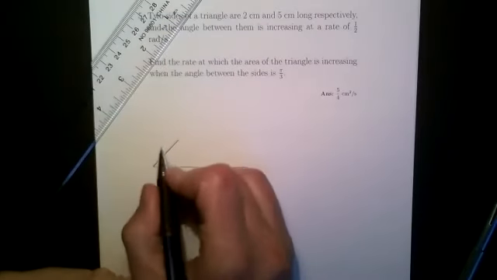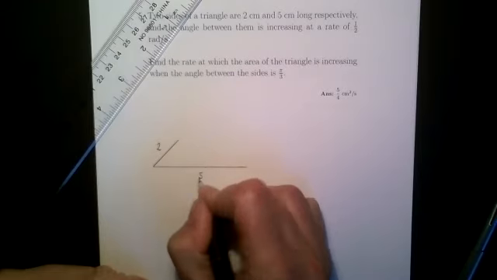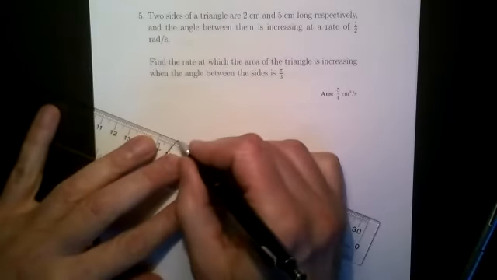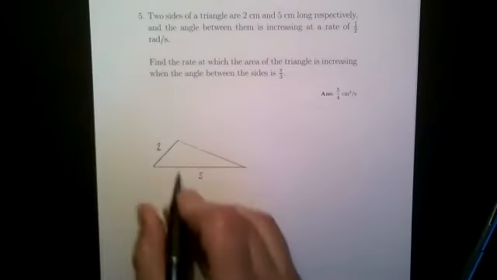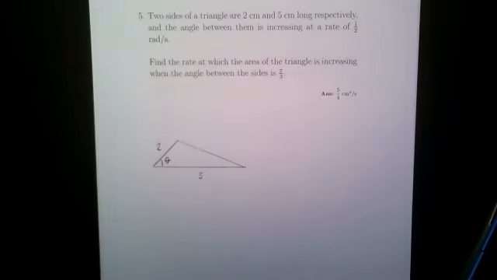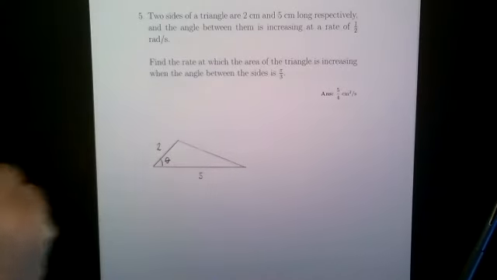Okay, so this is 2, and this is 5, and that forms a triangle. And I have an angle here, theta. What do we know?